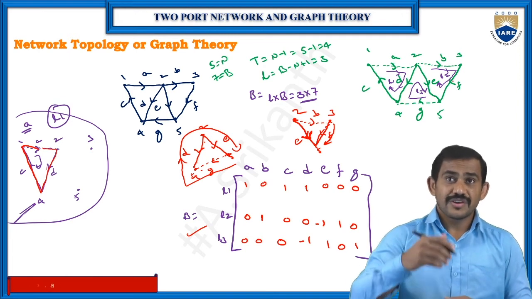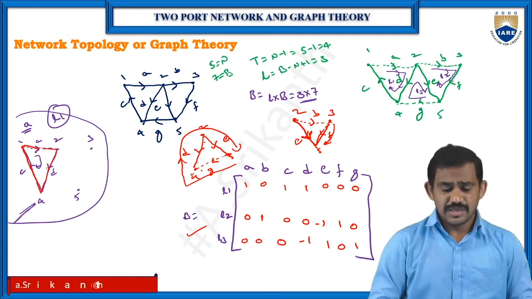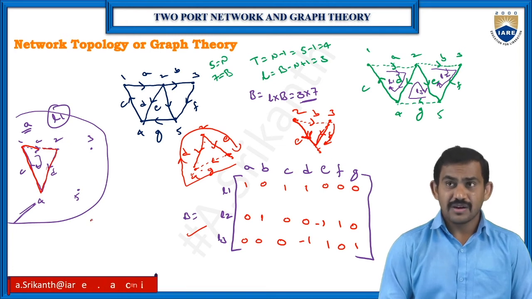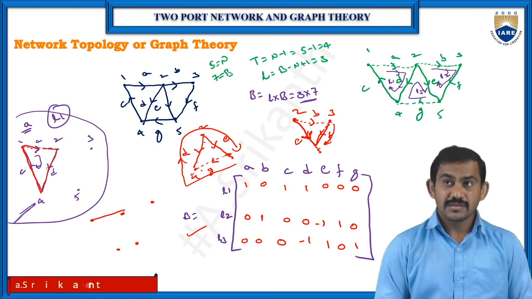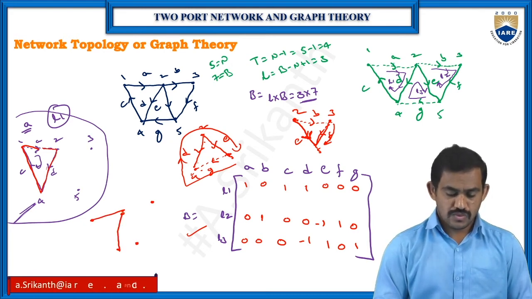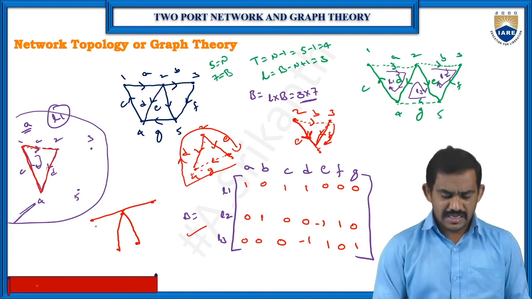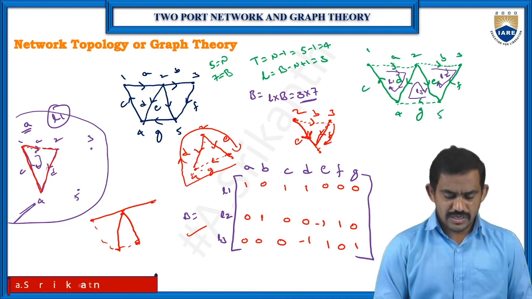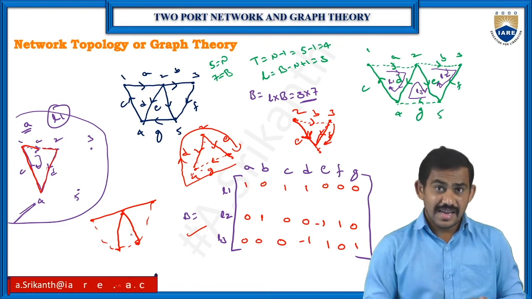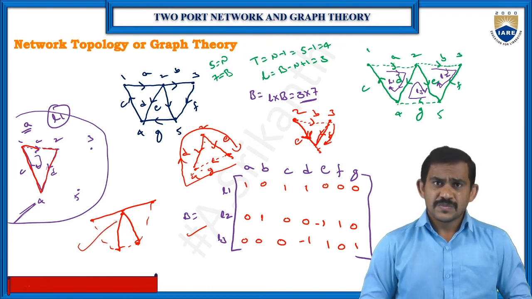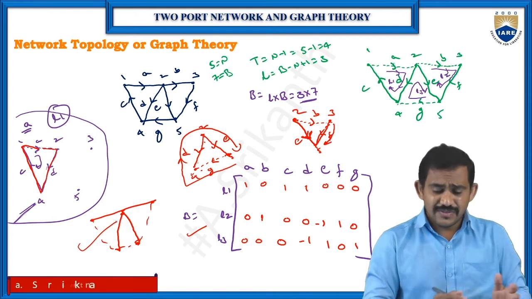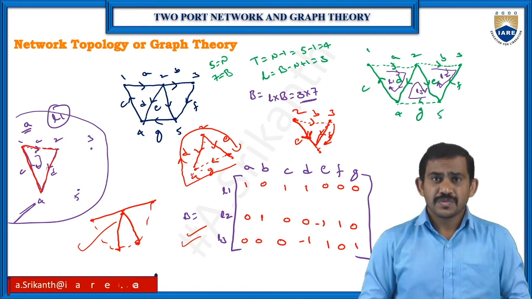If you want to draw another tree, like 1, 2, 3, 4, 5, you can use 1, 2, 3 and 4. This is also one tree. Here we have remaining a co-tree. They are connected to each other and should not be in a closed loop. This is also one type of original graph. So depending upon your original graph, the B value will be there.